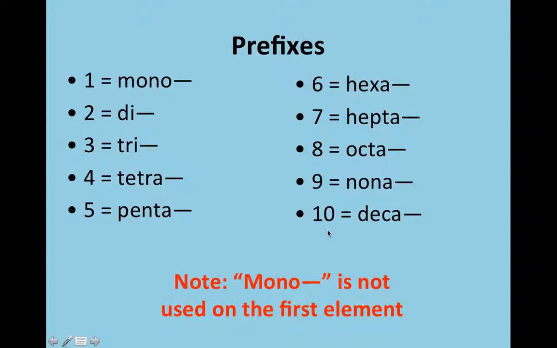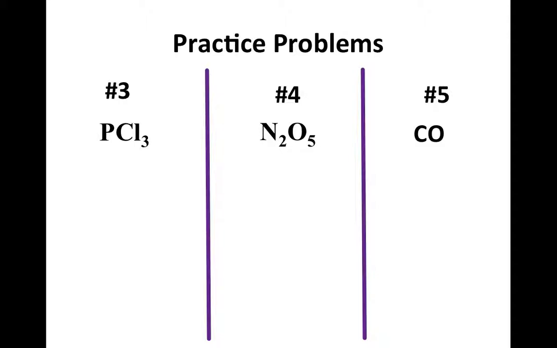Okay, the other thing is, we're only going to use the prefix mono in the second element, not in the first element. So let's practice. This first one right here, P stands for phosphorus. So I'm going to write phosphorus out.